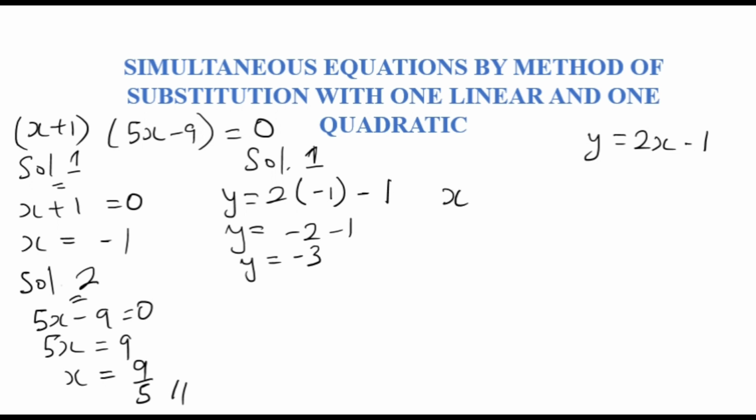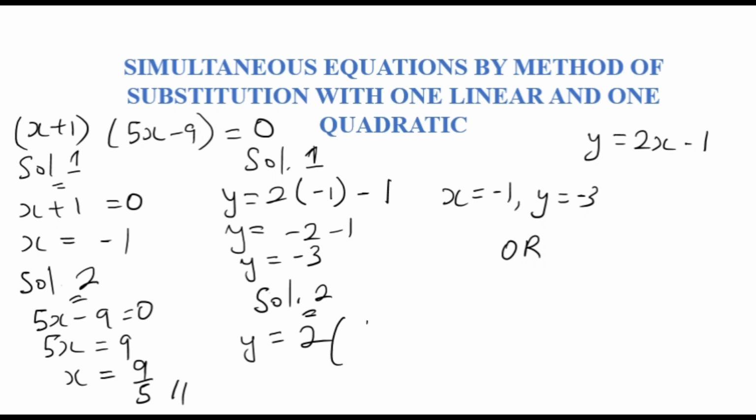So x is minus 1, y equals minus 3. Let's find our second solution for y. So y equals 2x, and x is 9 over 5, 9 over 5 minus 1.